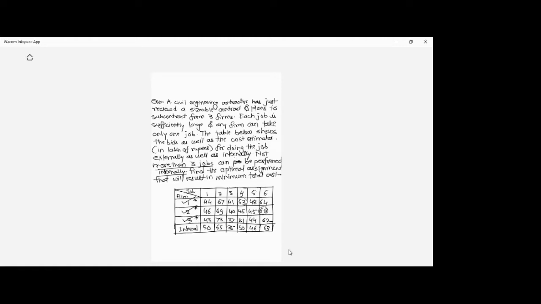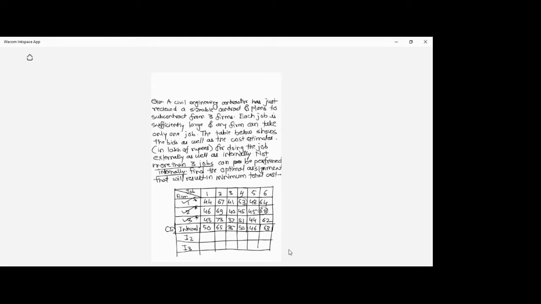So what we can do now is consider this as the I1 company, right? And here it can be I2, here it can be I3, right?